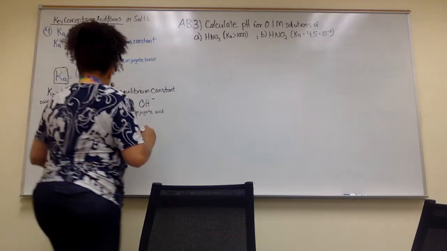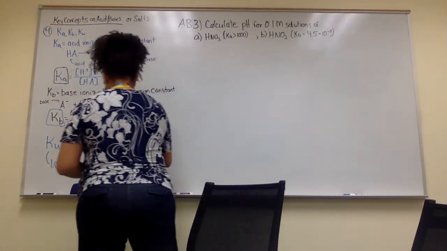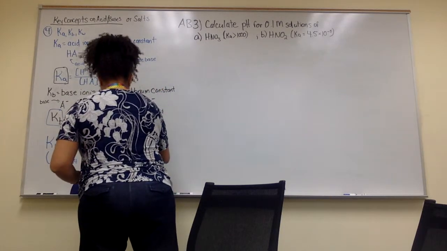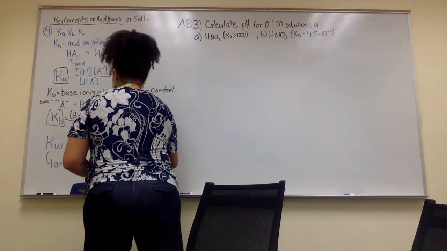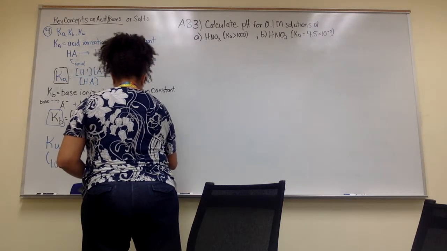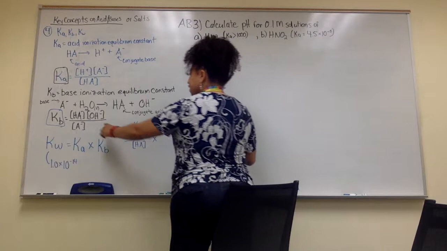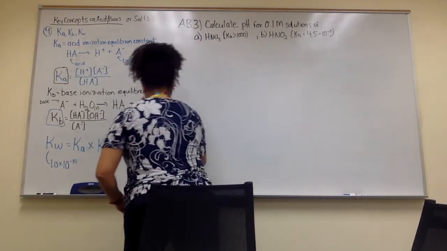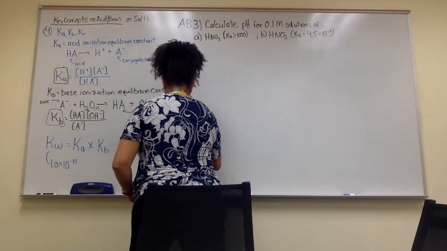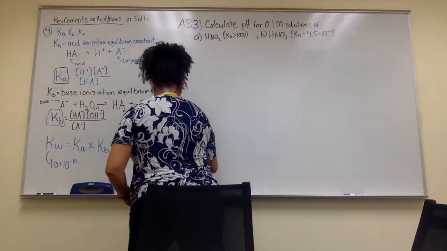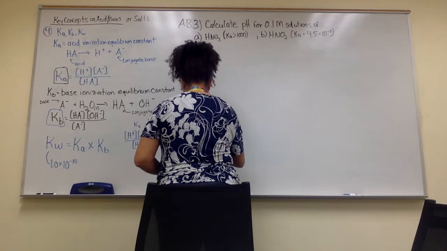So why does this make sense? Well, let's put this in. If we put in H plus times A minus all over HA, that represents our Ka. And then we multiply by Kb, which is HA times OH minus over A minus, right? And that's supposed to be equal to Kw.